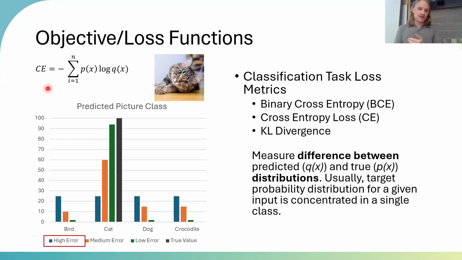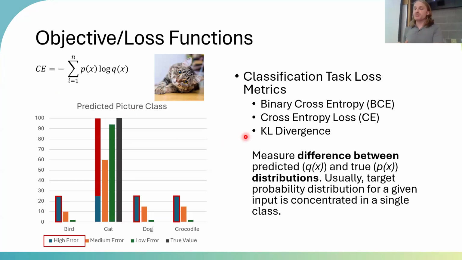Then it is being penalized not only for incorrectly assigning 25% probability to bird, dog, and crocodile, but also for saying 25% as opposed to 100% probability for the cat, because the cat is the true label, as shown by the dark gray bar here.